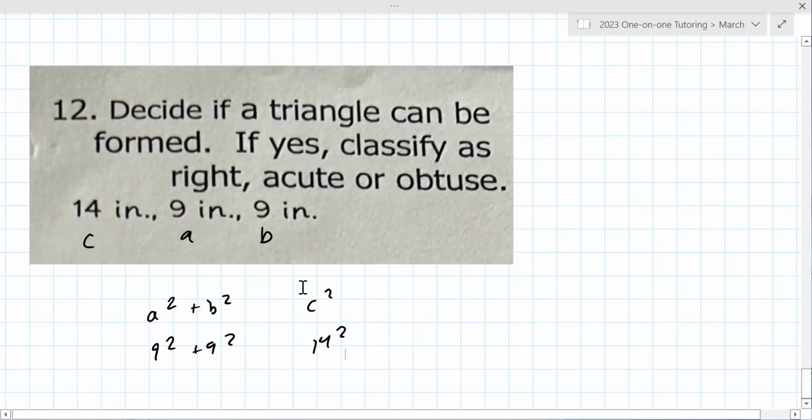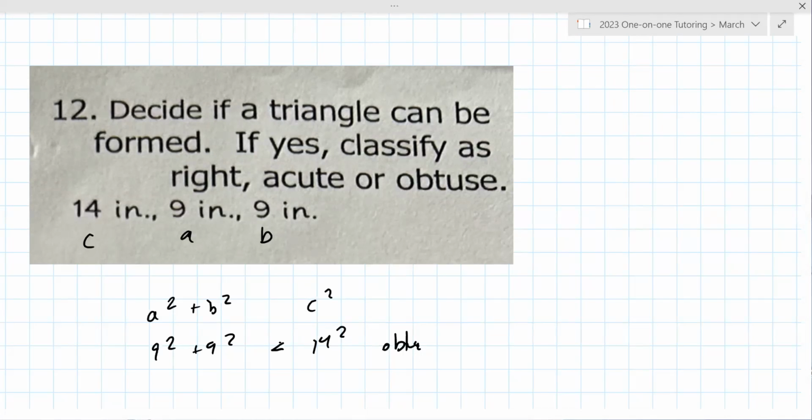So A and B are less than C. Okay. And so that's obtuse. I'm surprised we've had a bunch of obtuse. Well, that's just the way it goes.